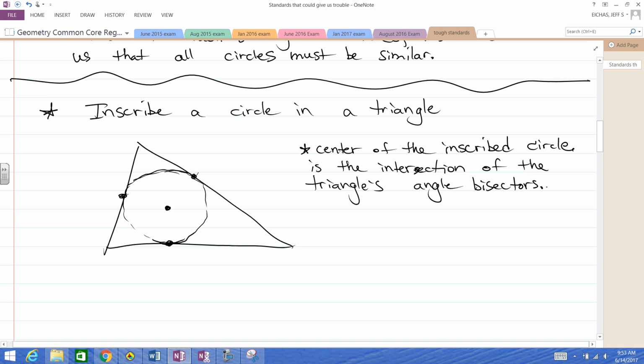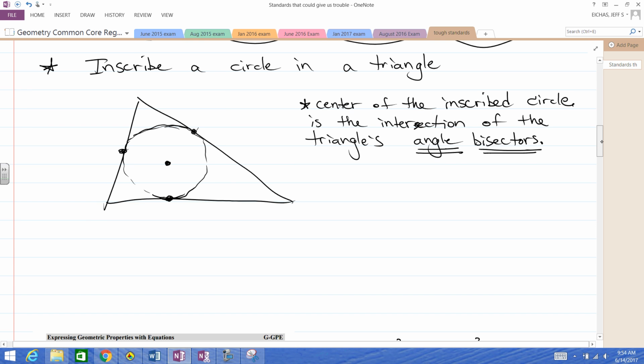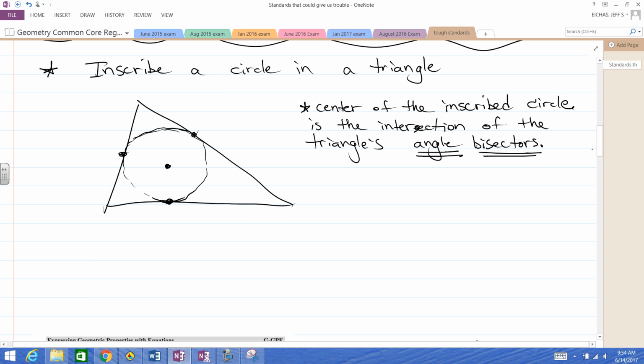What I showed my students on this was you only have to construct two angle bisectors. Wherever they hit, that location is going to be the center of that inscribed circle. You don't have to draw the third one. It should automatically hit there. So we're going to construct two angle bisectors, find where they intersect, and that's going to be the center of that inscribed circle.